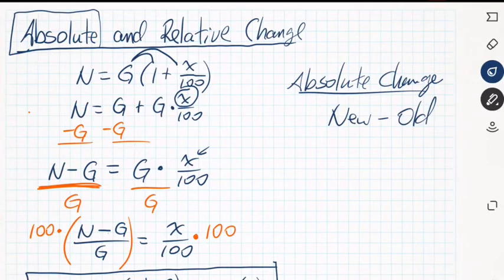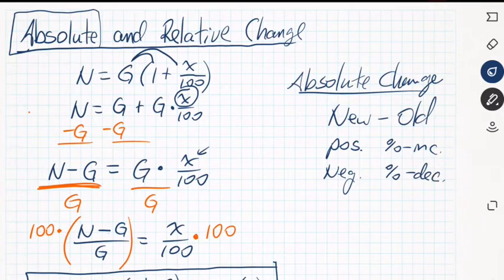Now, when the absolute change is positive, you're going to have a percent increase. When the absolute change is negative, then you're going to end up with a percent decrease. And you're going to have to note that on the percentage itself. So if you have new minus old as a negative number and your percent becomes 5%, you only have two choices to write it.